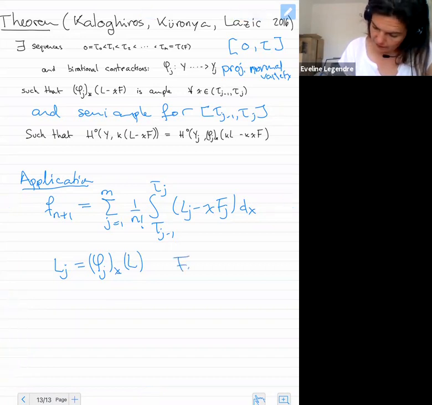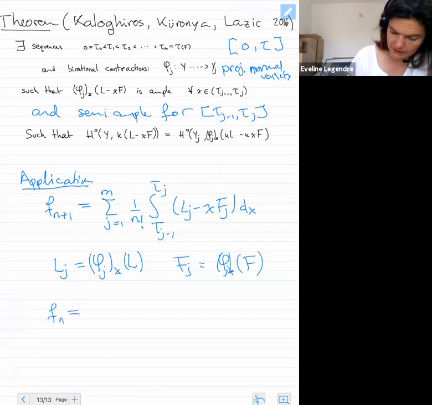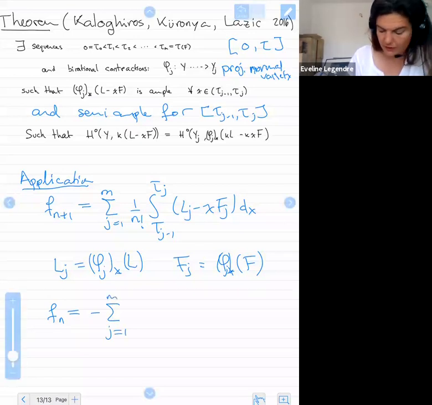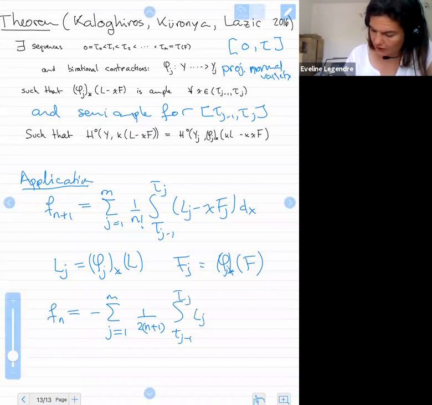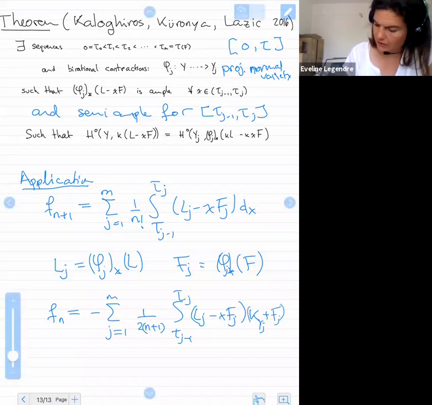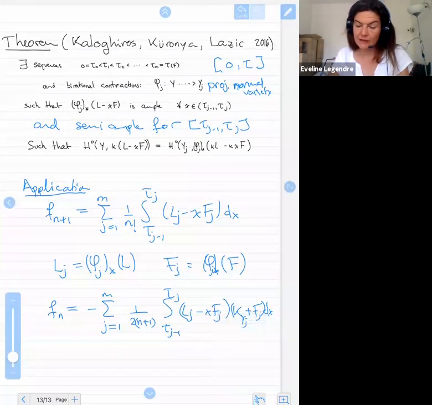And F_j will be again the pushforward by pi_j of F. And the other coefficient will be minus the sum over j from 1 to m of 1 over 2n plus 1, integral from tau_{j-1} to tau_j of (L_j minus xF_j) to the n minus 1 times (K_{Y_j} plus F_j), dx.